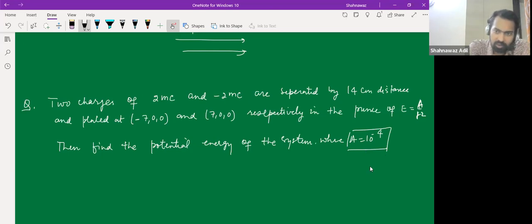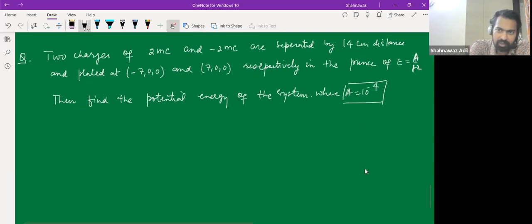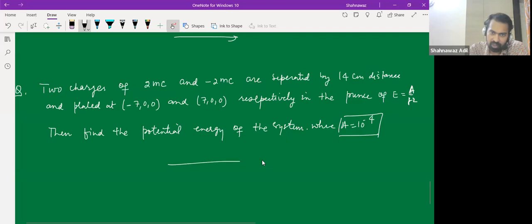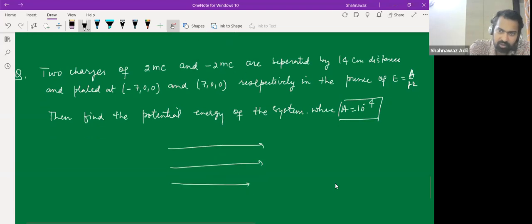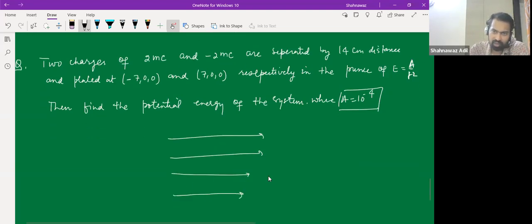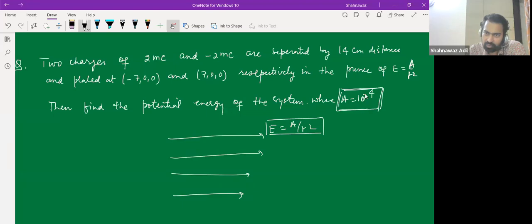Yeah. So let me draw the diagram. Diagram is important. So we have this electric field, which is varying like this. You see that this is a non-uniform electric field, varying like A by R square. A is a constant whose value is 10 to the power minus, and R square is variable.